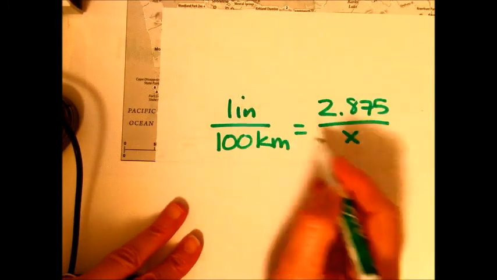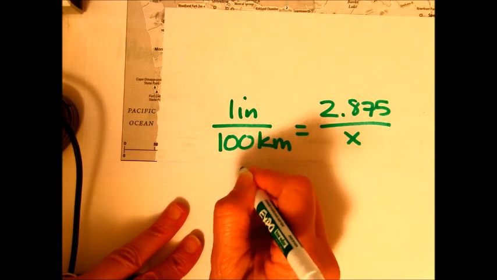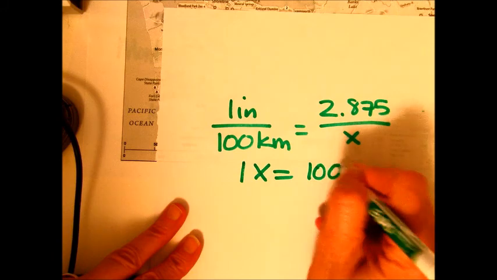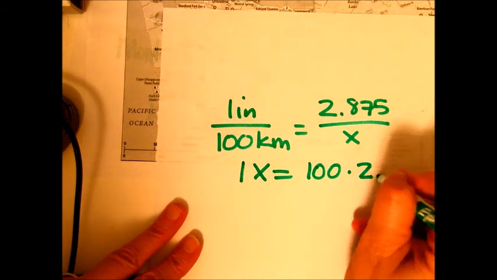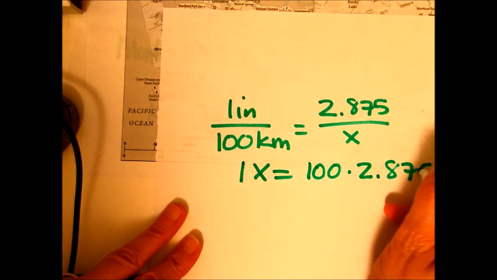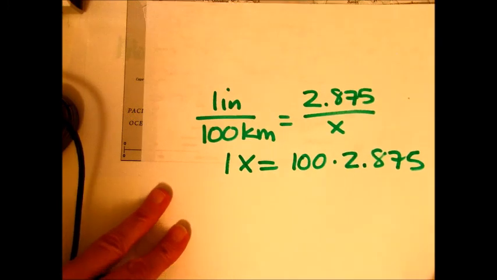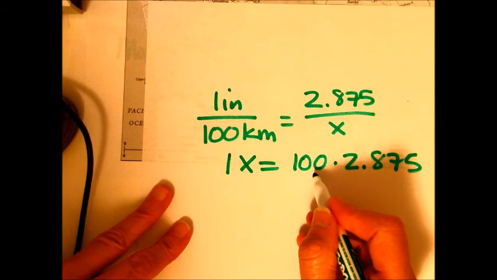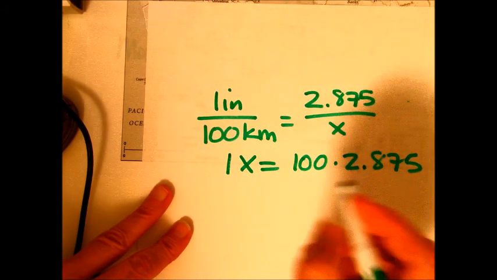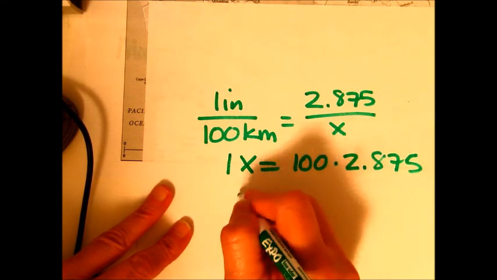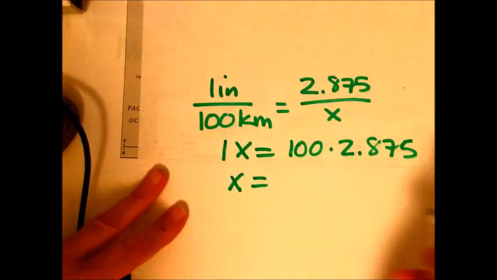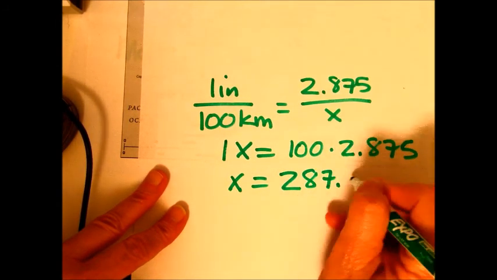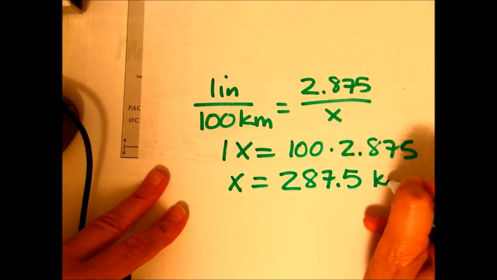So again, cross multiply. 1 times x is 1x. And then 100 times 2.875. Because I'm multiplying a decimal number by 100, I'm just going to move the decimal place over 2 spaces. So x equals 287.5 kilometers.